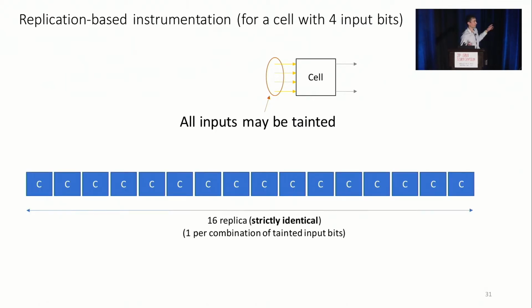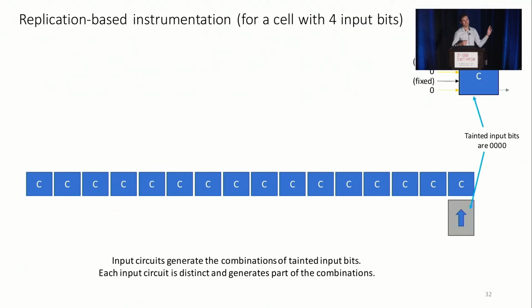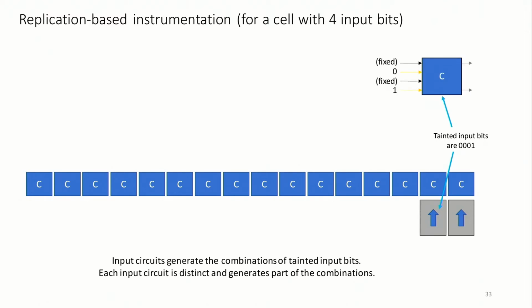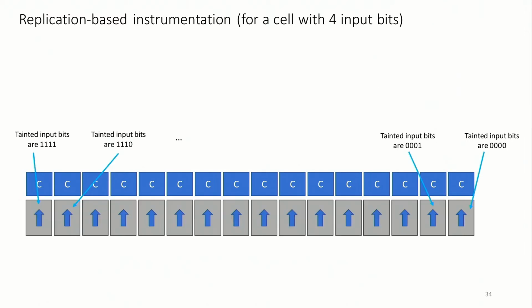So we copy the same cell 16 times in this case, because we have 4 inputs, and combinations of 4 inputs give 2 to the power 4, which is 16. You provide different inputs to each of these replicas that change only the values on the orange arrows. For example, here you put only zeros on the orange arrows. Here, 1 at the bottom and the rest zeros, etc. The idea is really to try all the combinations on the orange arrows.